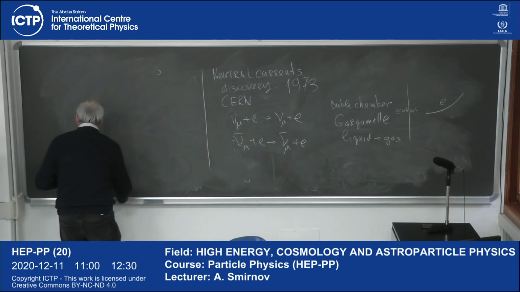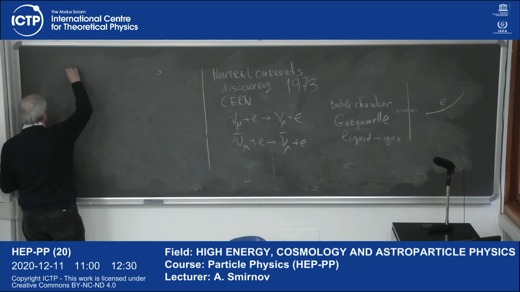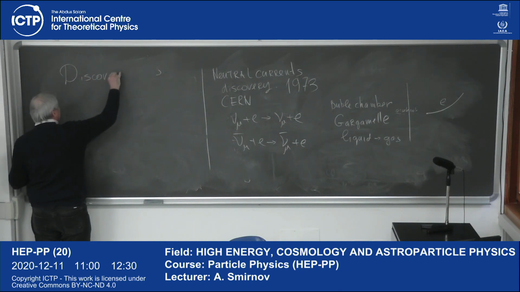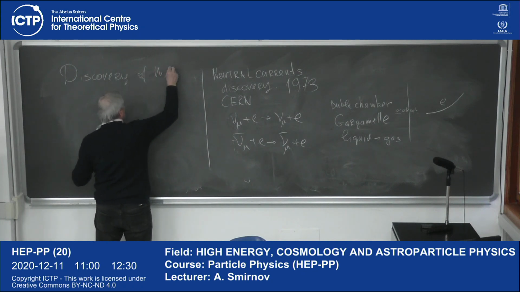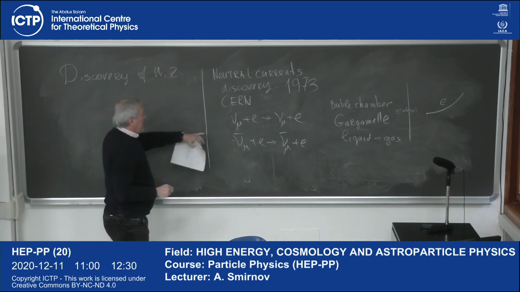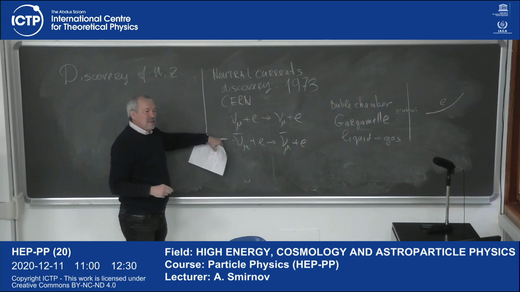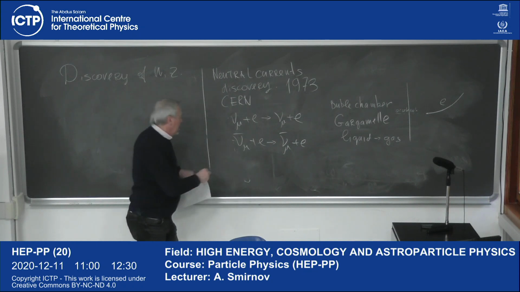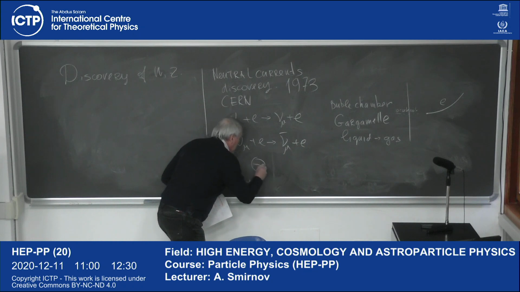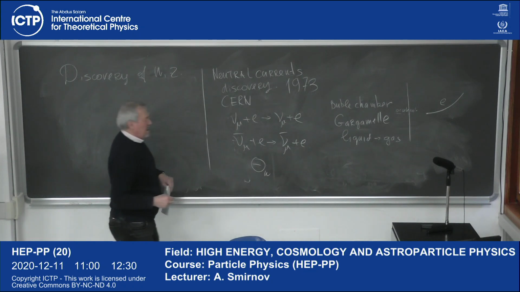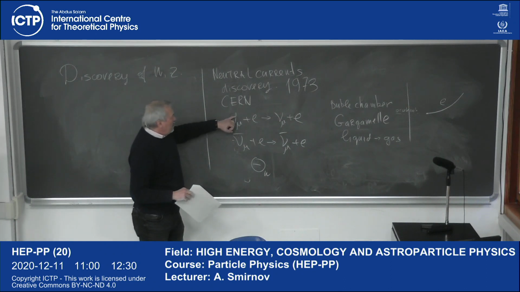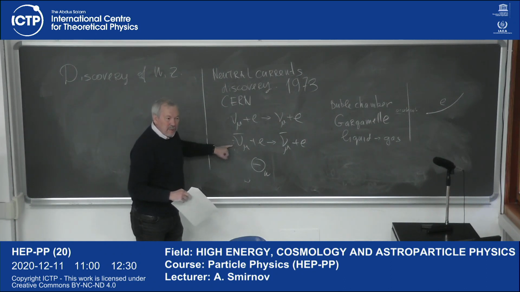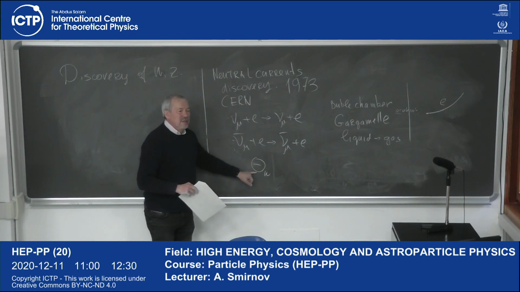So the next discovery is the discovery of the W boson, W and Z. Oh, I probably should add, the rate of these processes depends on the weak mixing angle, theta W. And therefore, measuring the rates or cross-sections of this process, you can determine what theta W is.